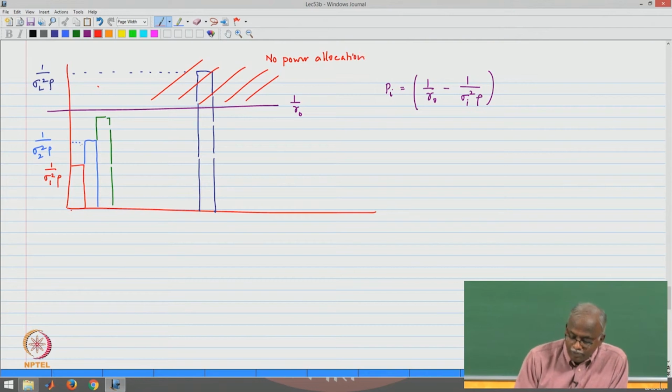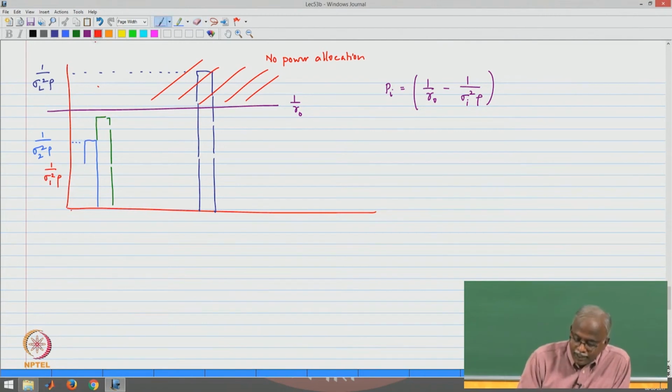Now, those channels which are below the threshold will get power, and the power allocation will be proportional to the difference from this. So, if you remember the water filling approach that we have taken, we can do the same thing now.